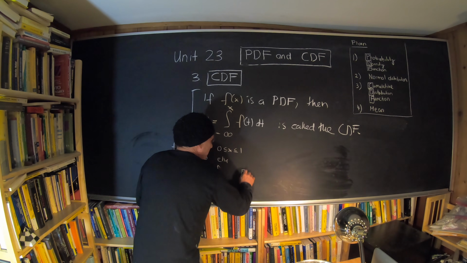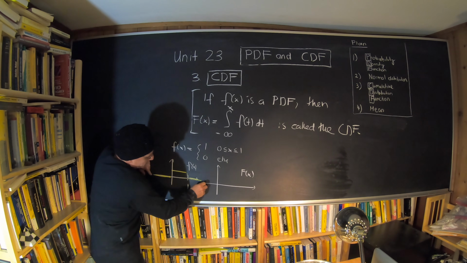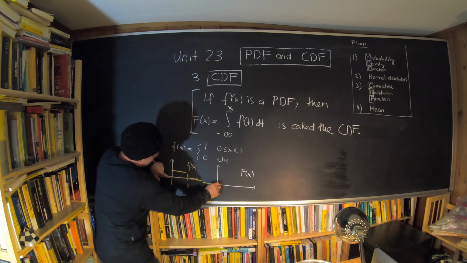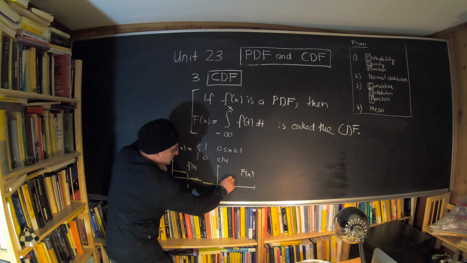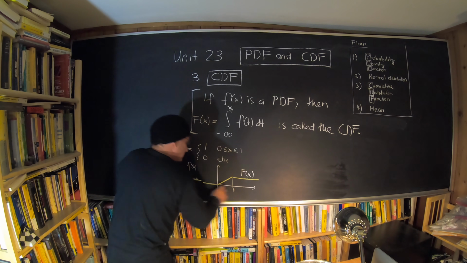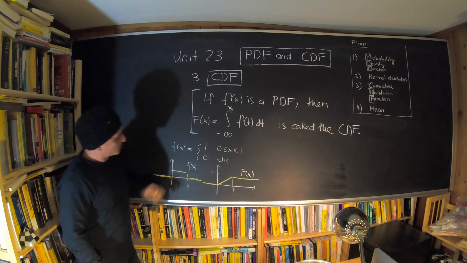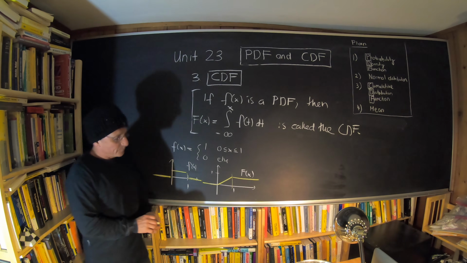Then the cumulative distribution function is 0, and then it grows linearly from 0 to 1, and then it stays at 1. That's the cumulative distribution function in this case.